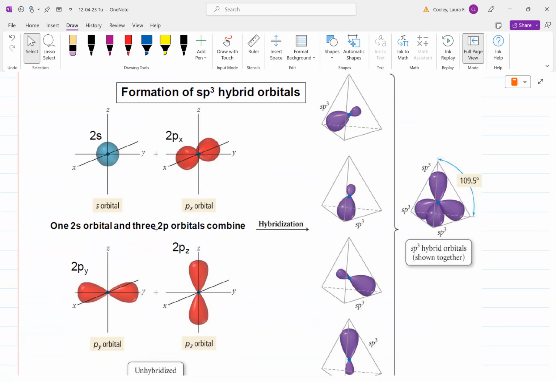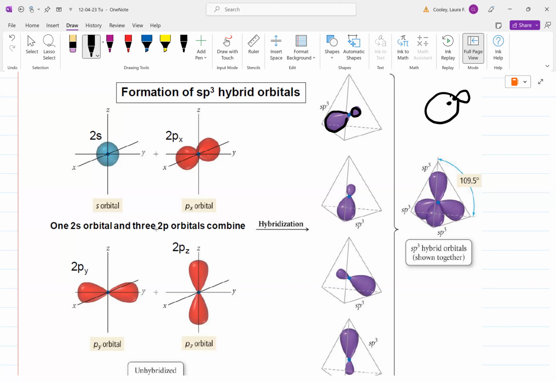They're not really that accurately drawn here, but they end up having a large lobe and a smaller lobe. To simplify it, they put the nucleus in the middle, but the nucleus is actually over here. Kind of, that's what makes it more s-like, is that there's not a node at the nucleus.